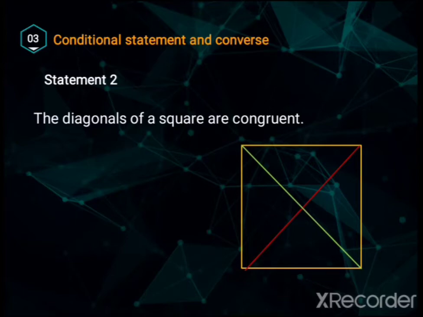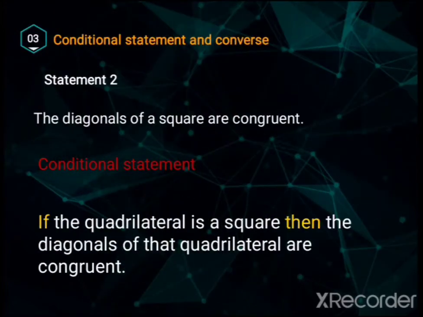Now we will see its property related to diagonals. You know its diagonals are the same in measure, therefore both diagonals are congruent. Again, this square is one type of quadrilateral. So again, by using the word quadrilateral, I make the conditional statement: if the quadrilateral is a square, then the diagonals of that quadrilateral are congruent.